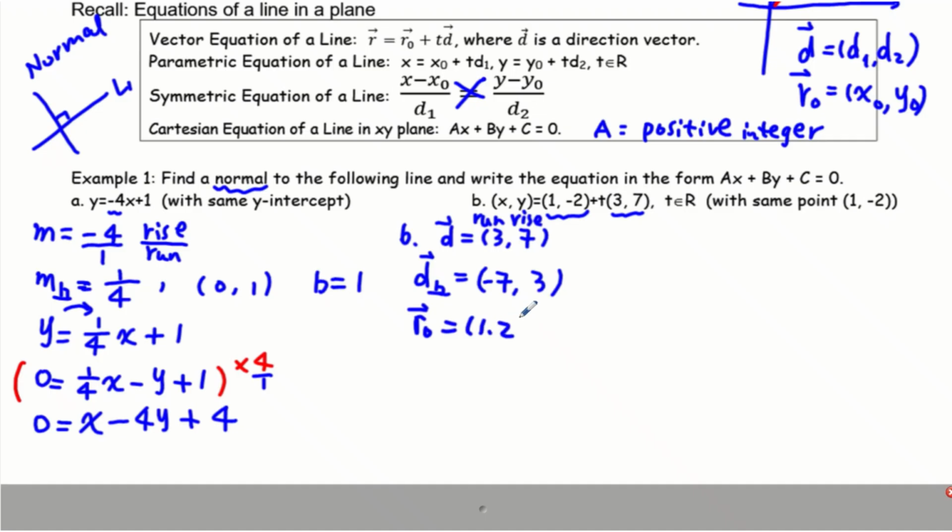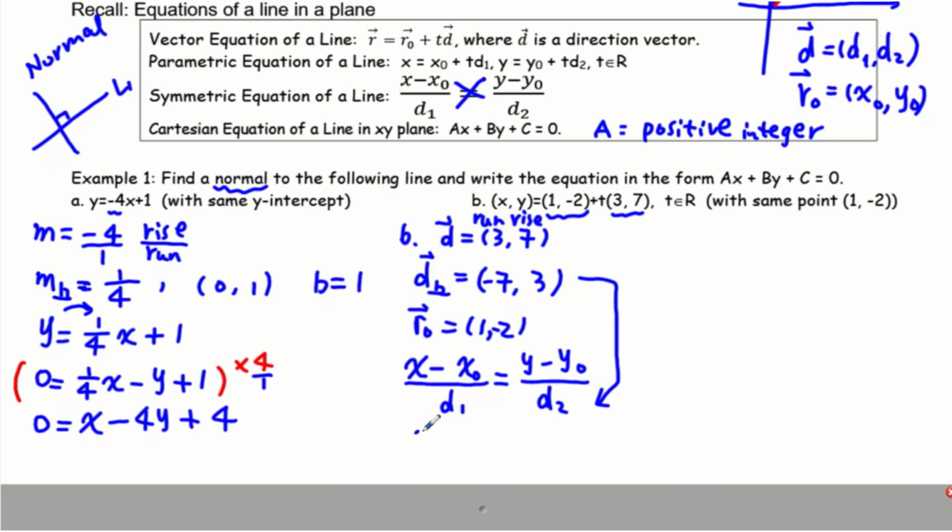Then we could write it as a symmetric equation because we want to cross multiply. So x minus x component of that point, I will copy this one first, d1 equals y minus y0 divided by d2, and be careful, for this d we are going to use the normal to do the calculation.